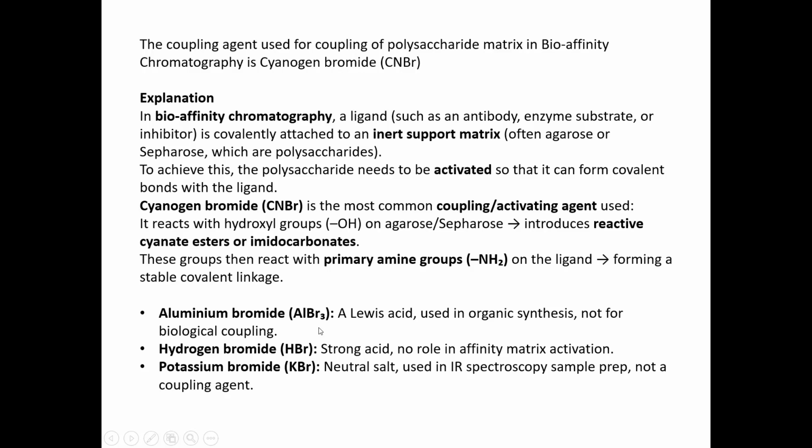And hydrogen bromide is a very strong acid and has no role in affinity matrix activation. Then potassium bromide is a neutral salt. So it is used sometimes in IR spectroscopy for sample preparation and not as a coupling agent. So the coupling agent that we use is cyanogen bromide.